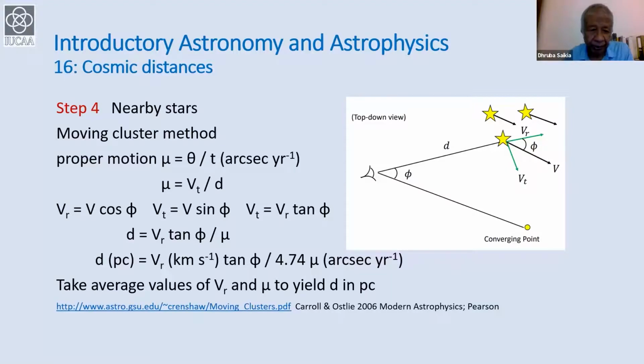You can relate Vt and Vr by this relation over here. You can plug it in and get a relation between the radial velocity, the distance of the object, the angle at which it appears to converge, and the proper motion.